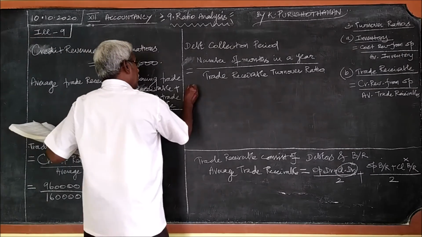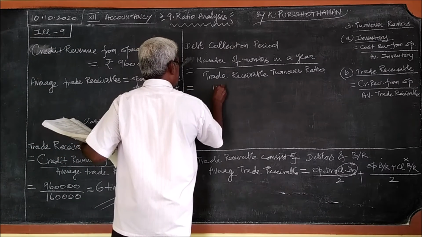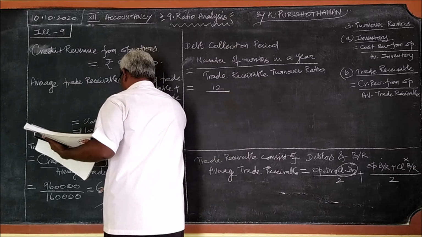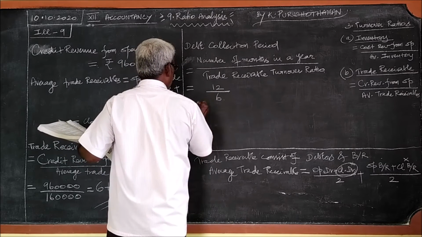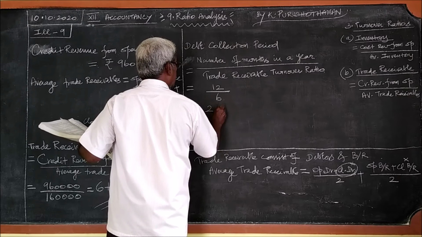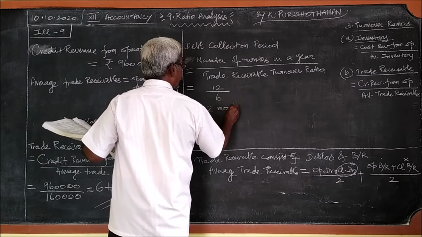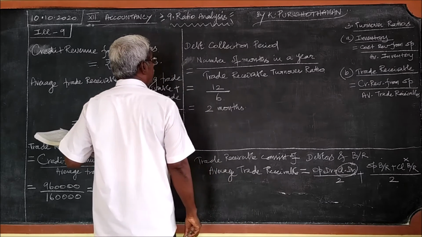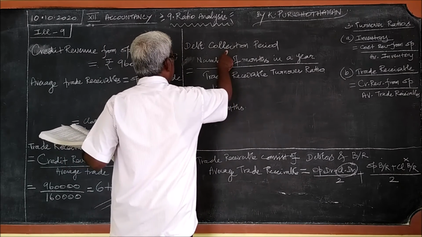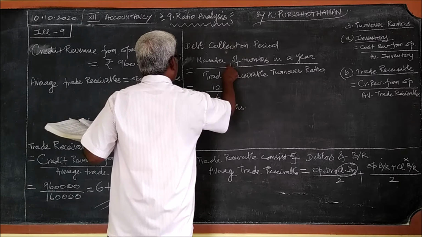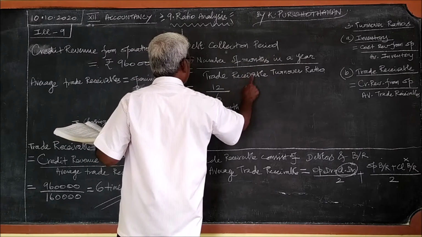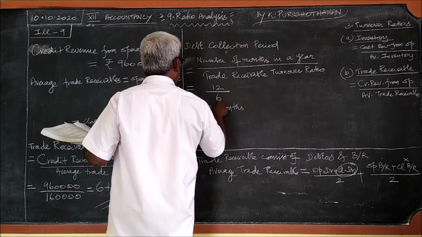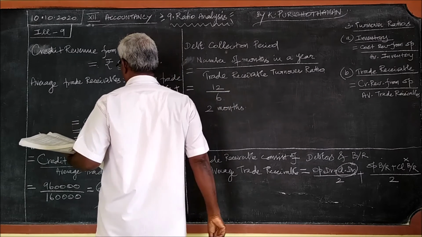So number of months in a year is 12 and the trade receivable turnover ratio is 6. 12 by 6 is equal to 2 months, as in the previous problem. If the debt collection period is in days, then number of days in a year by trade receivable turnover ratio. Days means here 365 by 6 you will write.